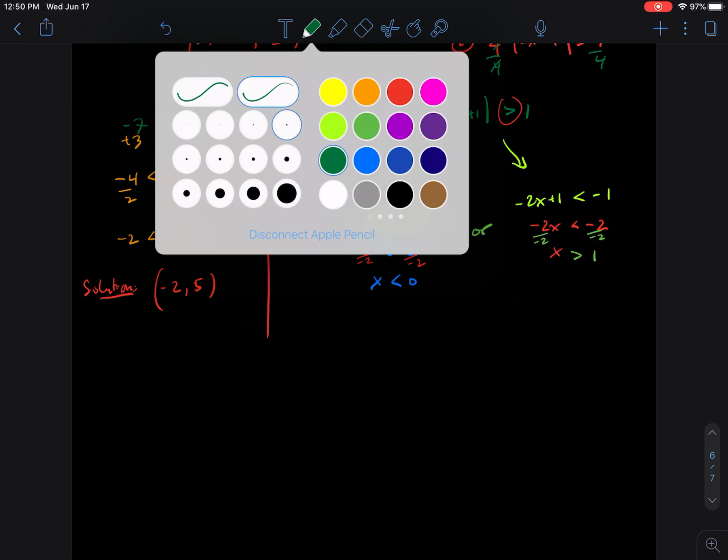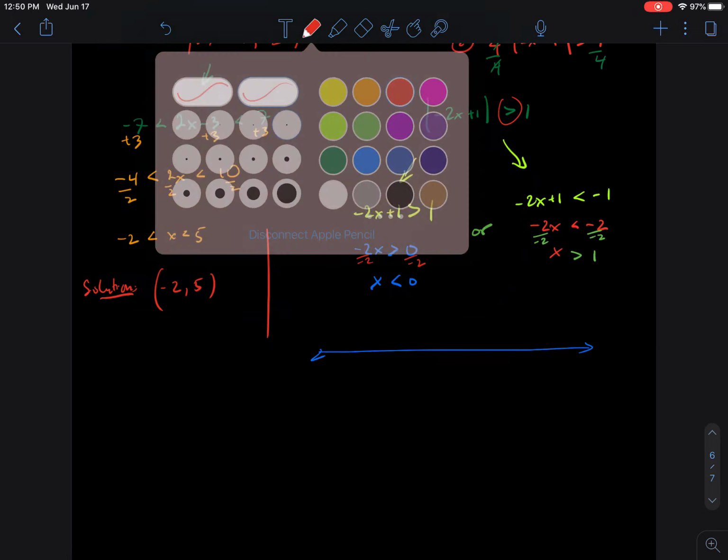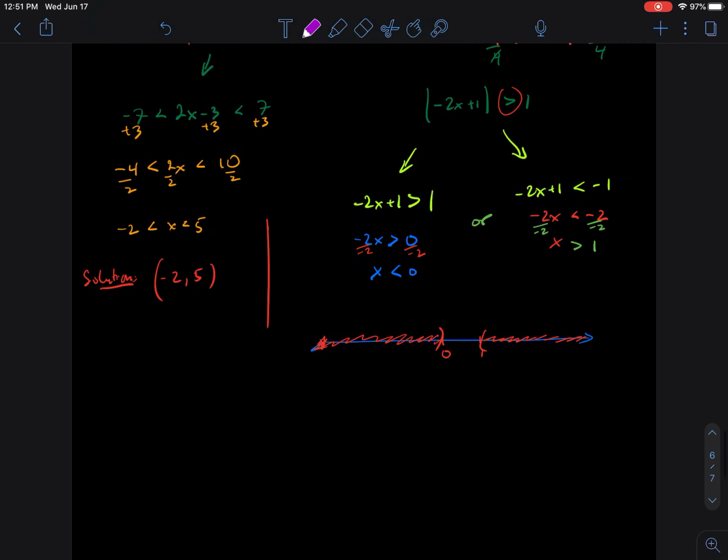If I draw this in terms of the graph, our solution set looks like this. Here's 0. We can have the solution set be everything to the left of that, or we can have the solution set to the right of 1. So it's an OR statement.